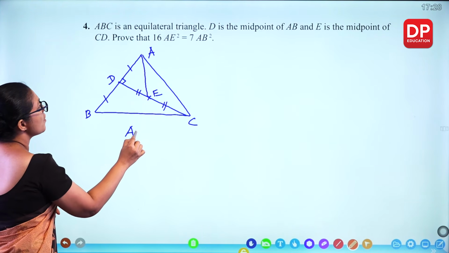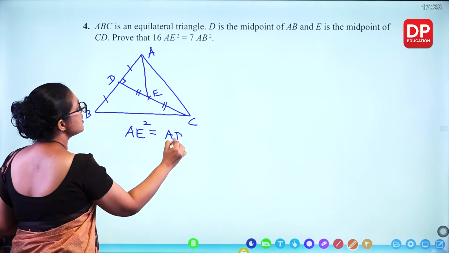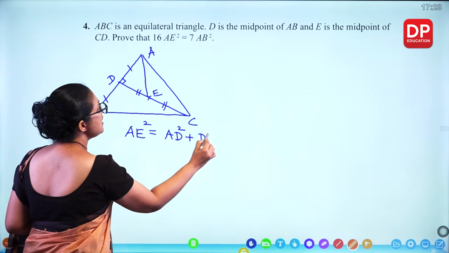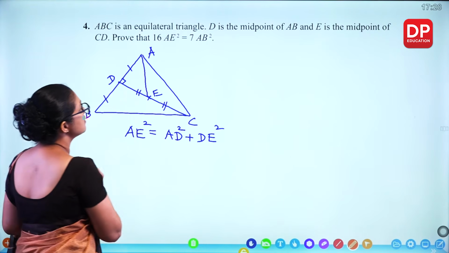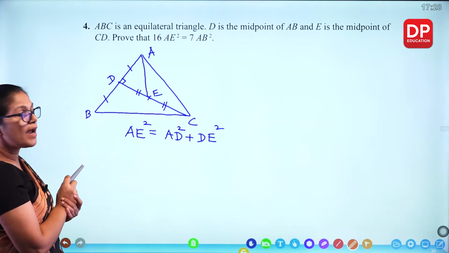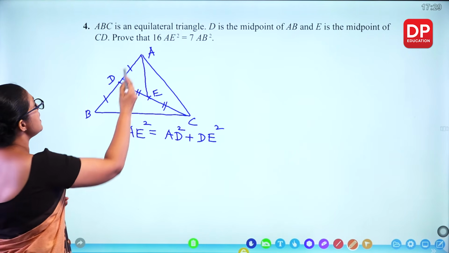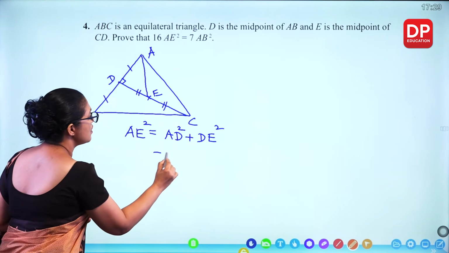What is AE squared? AD squared plus DE squared. Now we need AB. AB is same as BC or AC. So what is AD? AD is half AB.